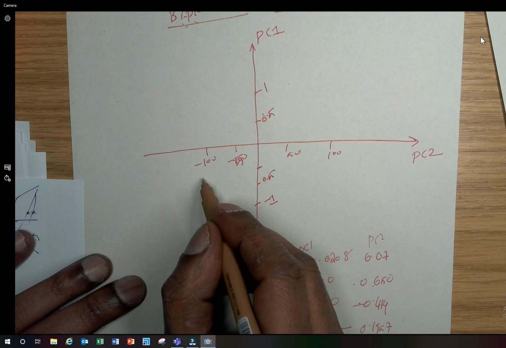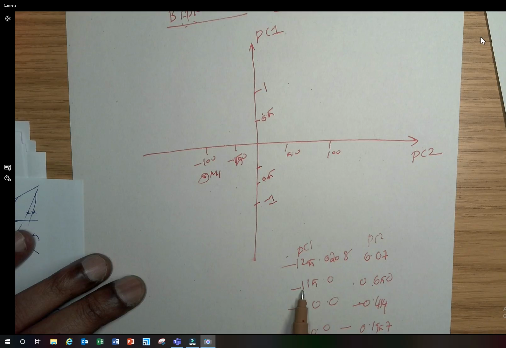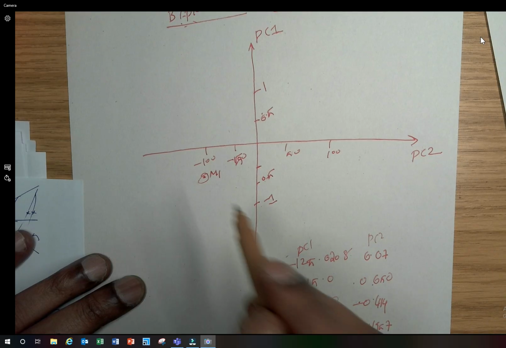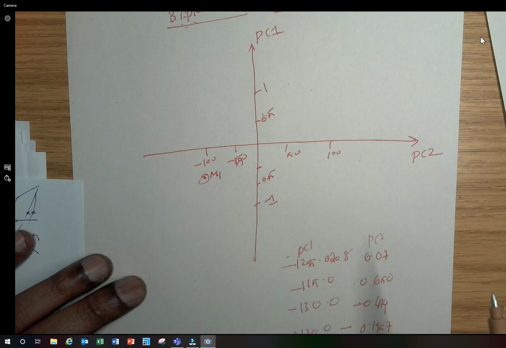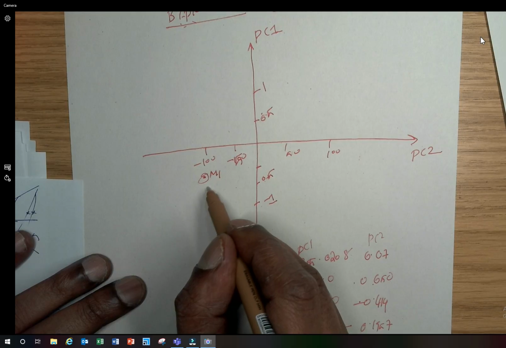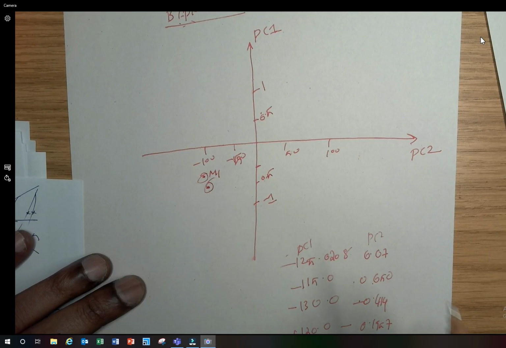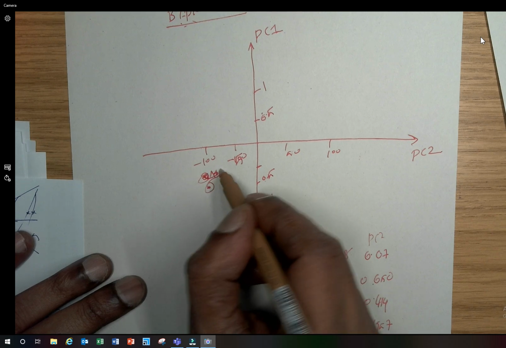Let's call this M1. Then minus 115 and 0.650 is somewhere around here. Sorry, M1 will be 0.07, so it will be somewhere at the top.